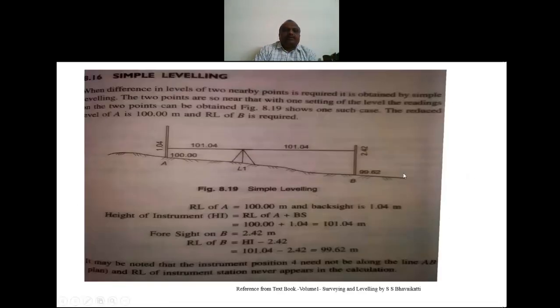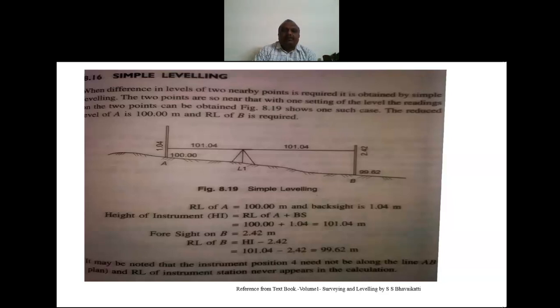So, this slide explains how we can use simple leveling with examples. We consider L1 is the instrument station, A is the known point of elevation, and B is the unknown elevation point.